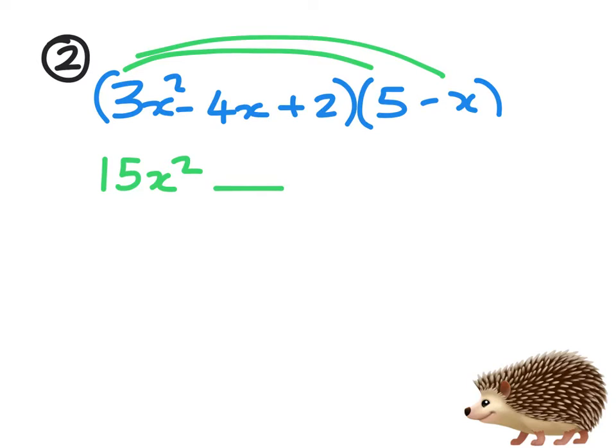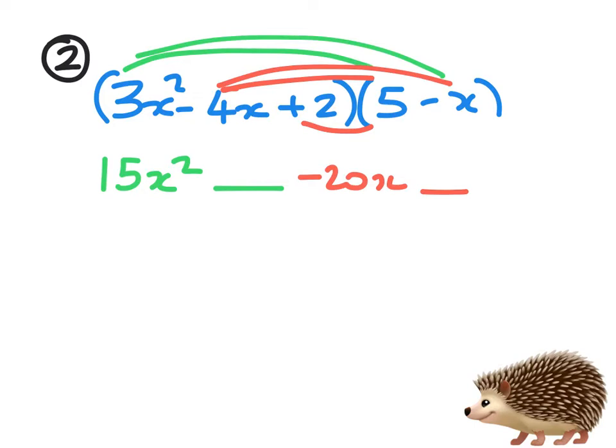Then we do negative 4x times 5, which is a negative 20x. Then we do a negative 4x times negative x. So that'll give you something else. And then lastly, we need to do 2 times 5 and 2 times negative x. Tidy it all up for your final answer.